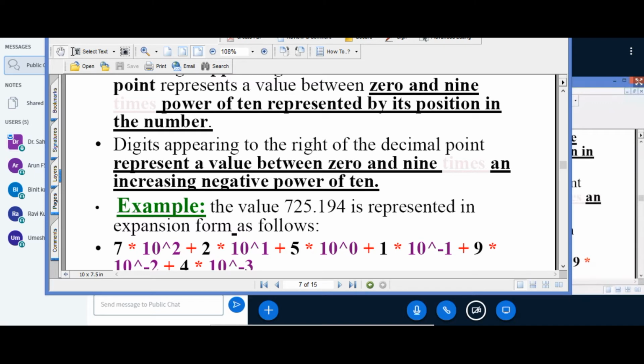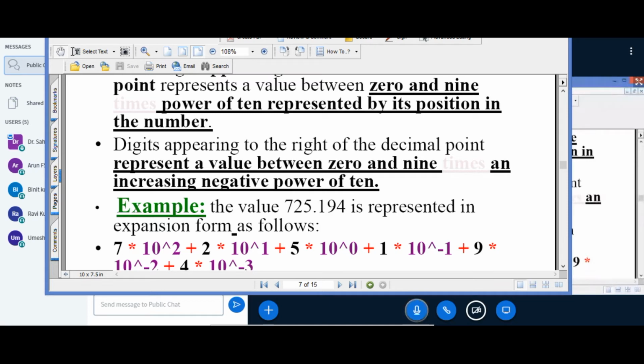So 5 plus 20 is 25. Then the repetition 2 times is 100, so 7 into 10 to the power 2 is 700. So total is 725. Means I am able to represent the left hand side.